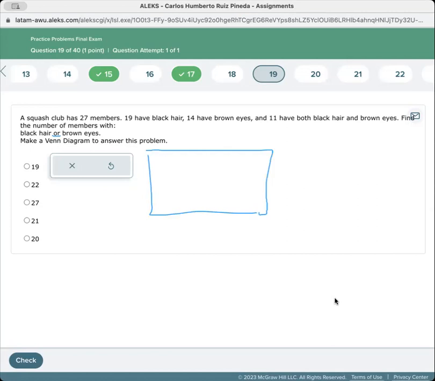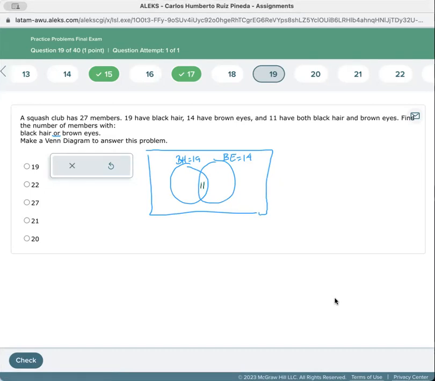And the ones that have black hair are here. So it's 19. The brown eyes is 14. And the ones that share both black hair and brown eyes, there are 11.